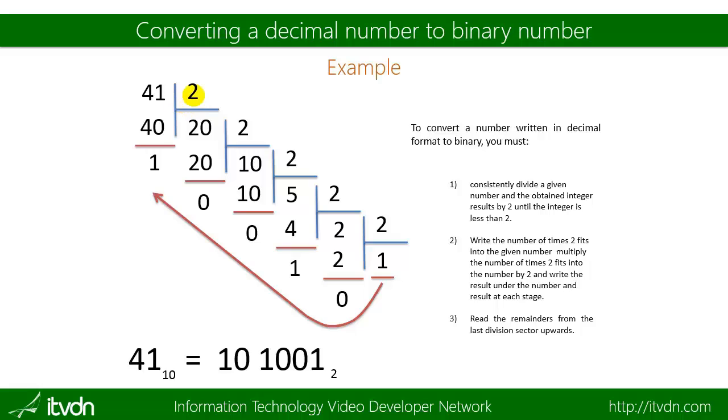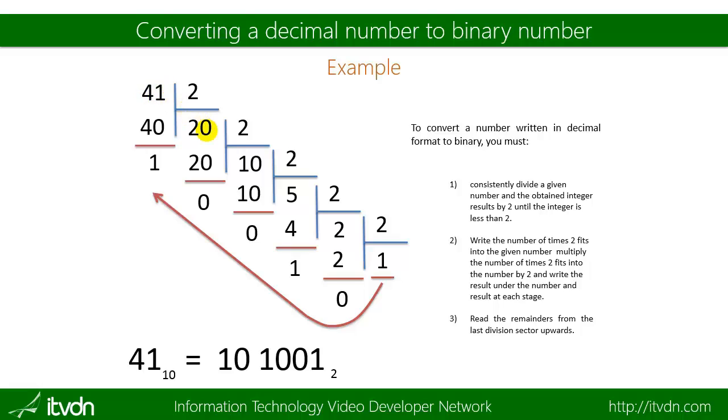This means that I want to get a number in the binary format, or in the base 2 format. So I have base 2, I need 2. I divide my given number, in this case 41, by 2. So 2 goes into 41 20 times.